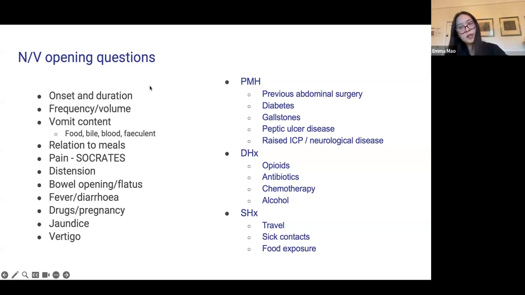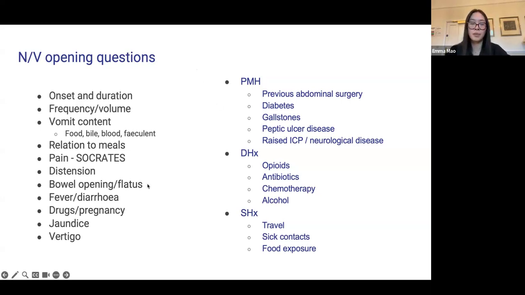Fresh blood suggests active GI bleeding, and coffee ground, darker brown bits, suggests more old bleeding, but it's managed to come up. And then feculent suggests distal obstruction, so the fecal matter has come up as well.